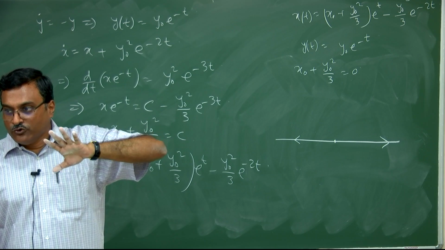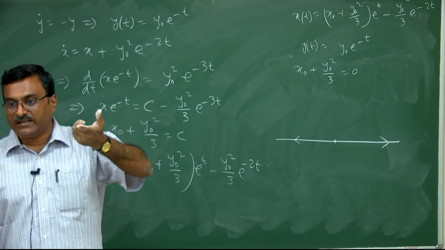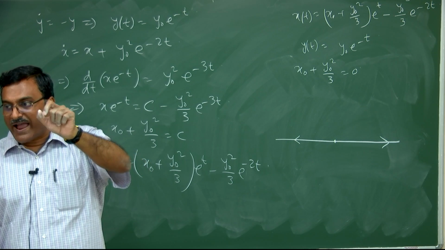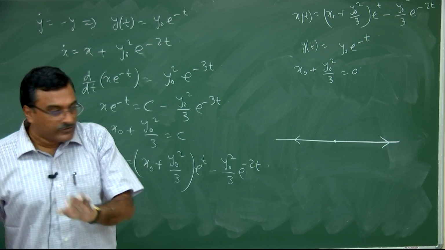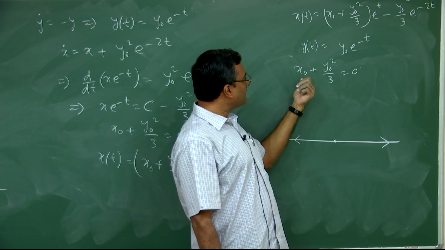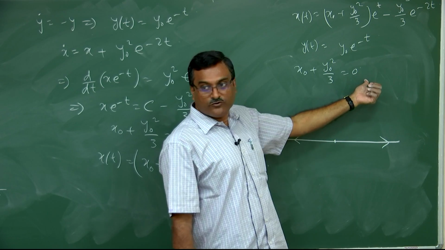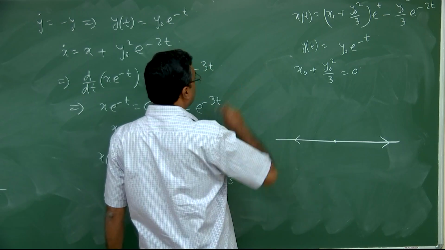In order to do that, I need the coefficient of the exponential term having positive factor of t to be equal to 0. So here you have e to the power t, so that's why I am considering x0 plus y0 square by 3 equal to 0.